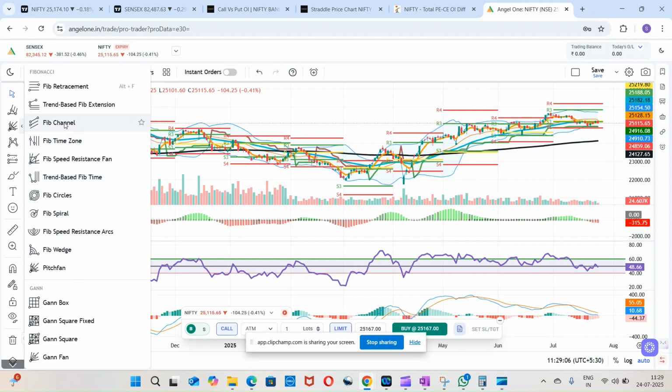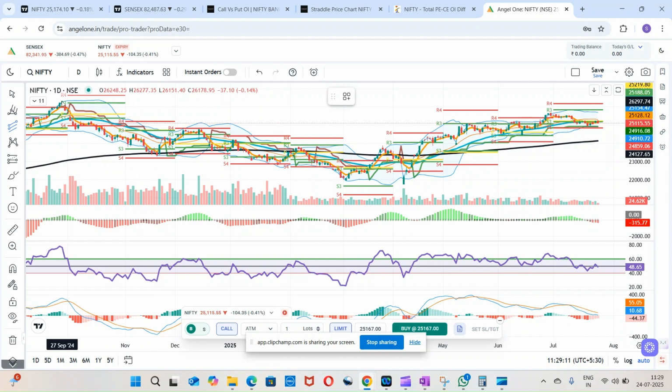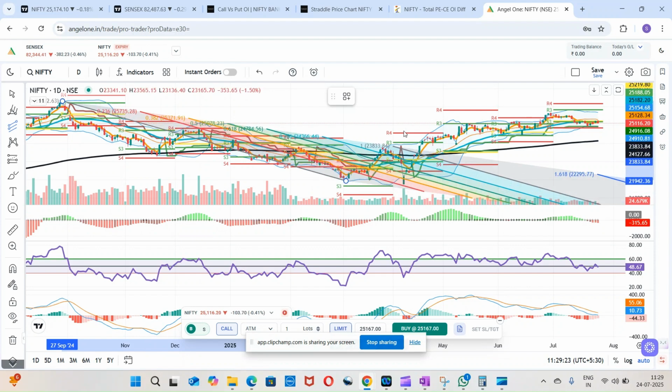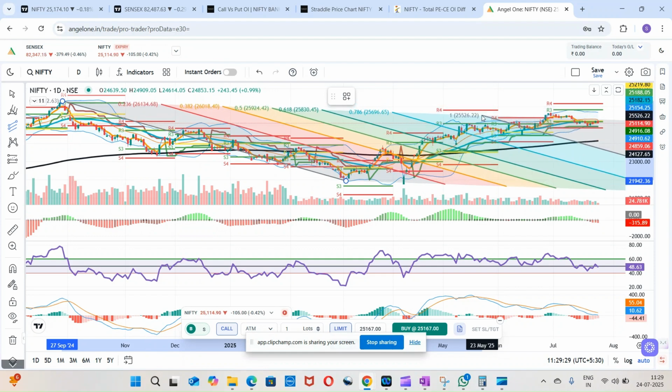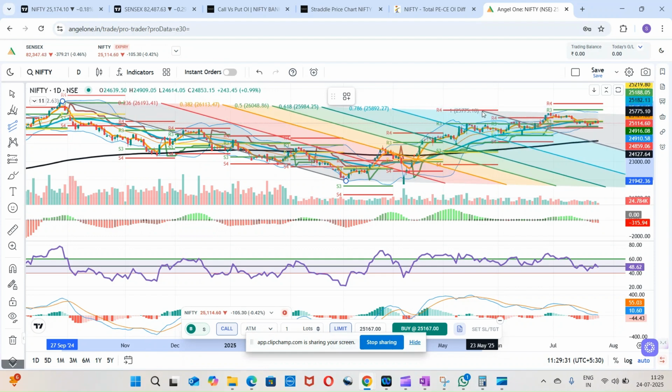So we discussed the Fib channel. Let's use this. This is the high, and I'm marking the low. So this was the downtrend, from here till here. Now you can see these parallel lines being formed. You can use it like this, or you can take from here to here and draw.